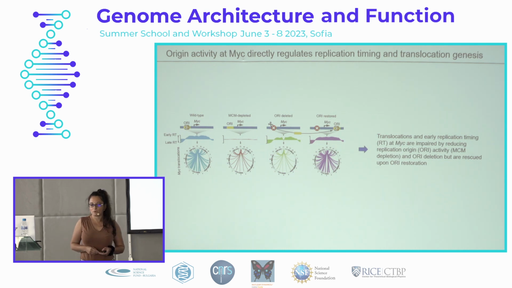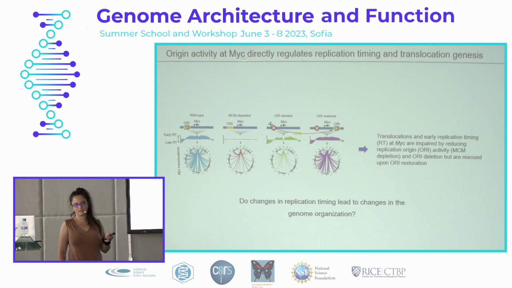So what is the role here? We know that replication timing is associated, although we don't know too much how, with genome architecture. We have early replicating regions, which are in the euchromatin, and late replicating regions in the heterochromatin, and they also have their specific localization in the cell nucleus.